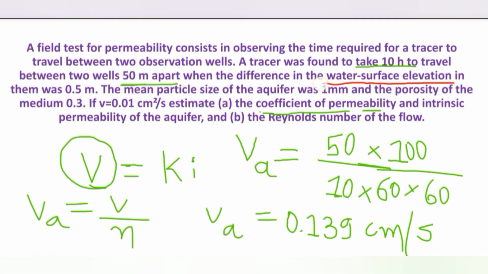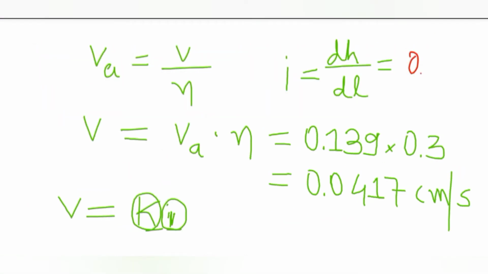Here, the difference in the water surface elevation is 0.5 meter. And we know that the wells are 50 meter apart. So the difference in the water surface elevation, that is dH, is 0.5 meter. So 0.5 divided by dL, that is 50. So this will be 10 raised to minus 2.